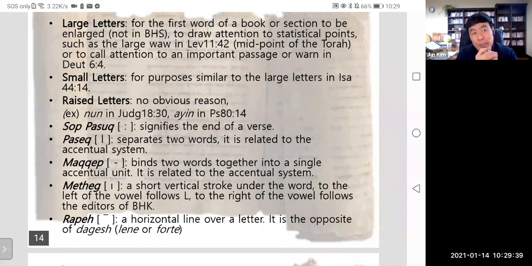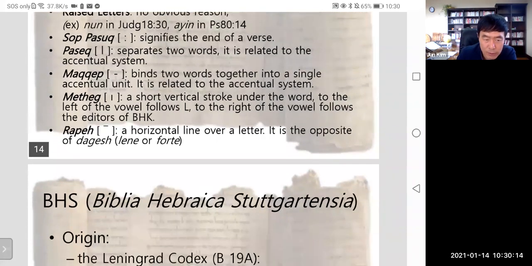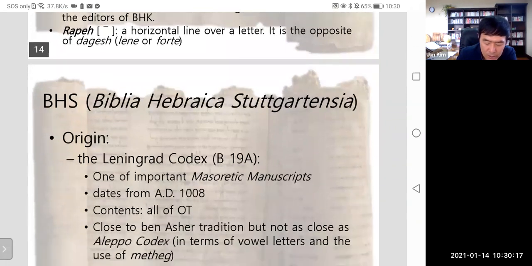When people are reading it, they pay attention to the location of the accent, the speed, where to stop and where to start reading, and all those things. The Masoretic scholars, understanding the oral tradition well, tried to include that information. Another mark may be a short vertical stroke under the word, and so on. This just provides general information on the function of some important marks and signs.